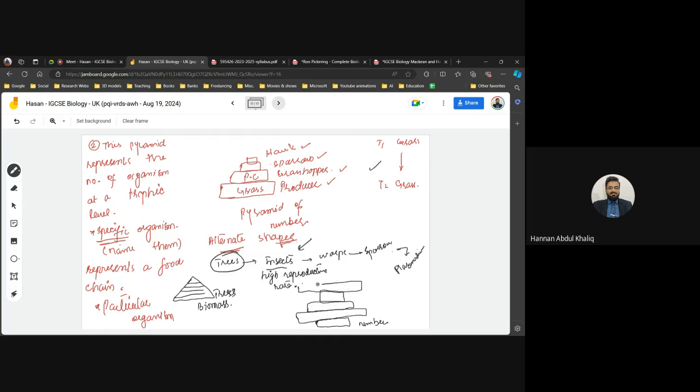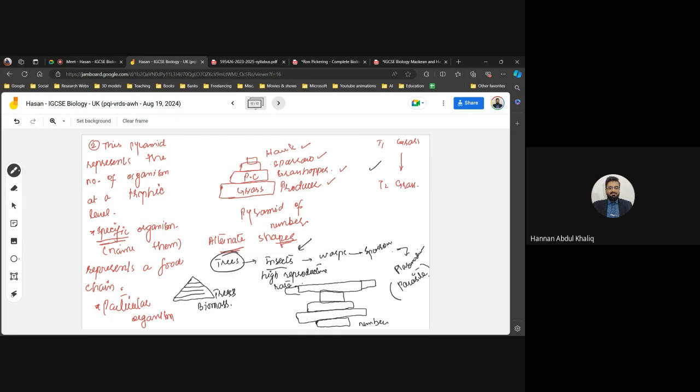The parasite that is making the sparrow sick, or that is causing the malaria in the sparrow, that parasite is obviously higher in number, even more than insects. It would be occupying a larger area than insects. This is what I'm trying to say.